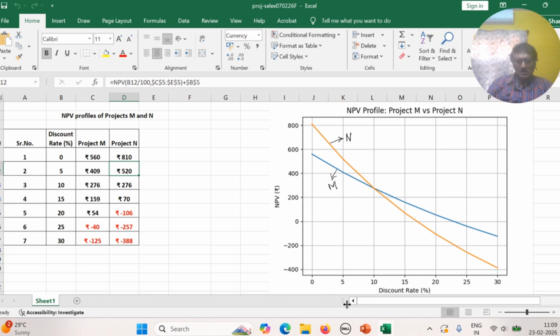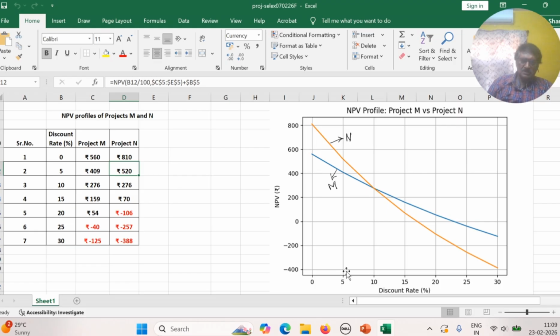But if your discount rate is less than 10%, then you should accept the project N, as below 10%, the NPV value is always more for N with respect to M. You should not accept M. Then it is clear.